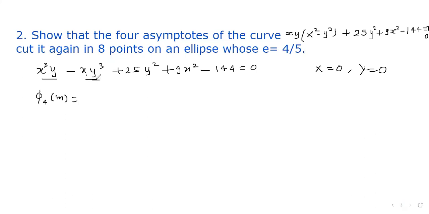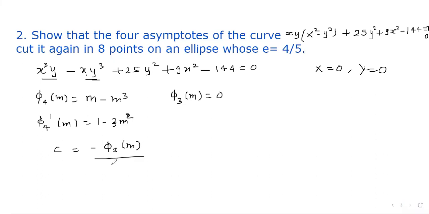Here this is fourth power, this is fourth power, so only two terms are there. So we put x equal to 1, y equal to m, so m − m³. And if we write φ₄'(m), this will be 1 − 3m². And if we write the third degree term φ₃(m), third degree terms are absent, so it will be 0. To get c, we use −φ₃(m) divided by φ₄'(m). So c will be 0 in all cases, and there is no repetition.